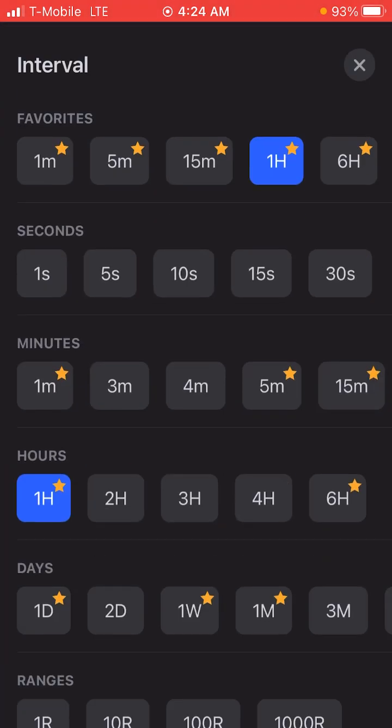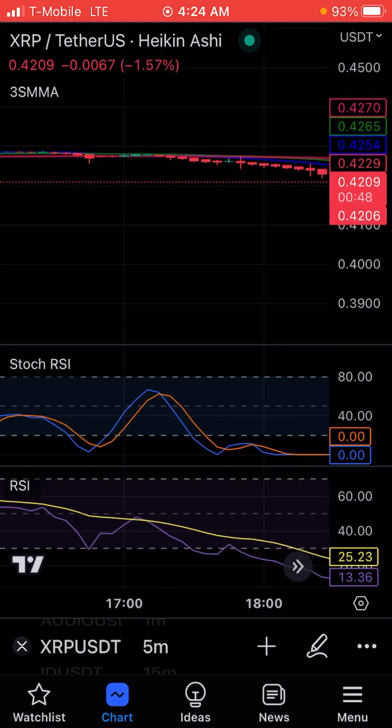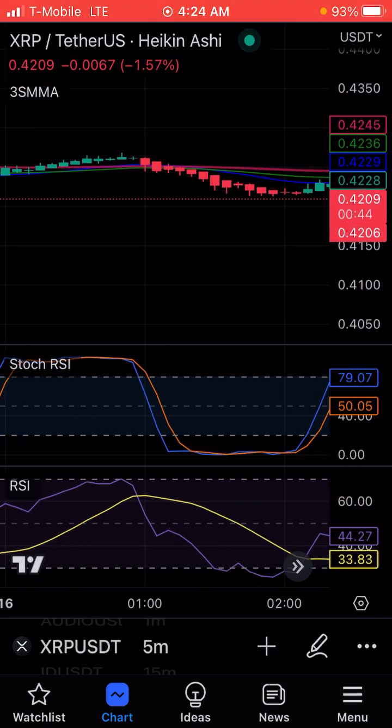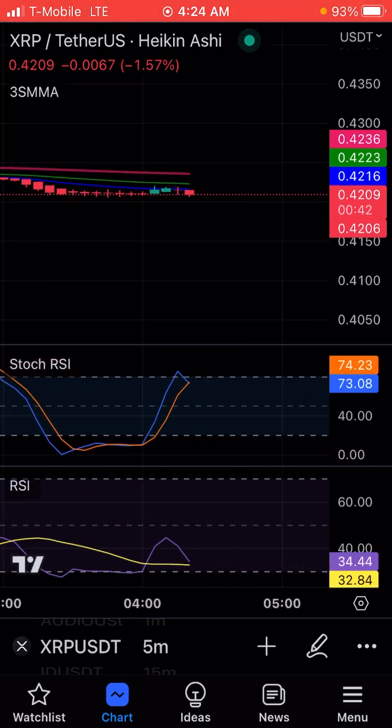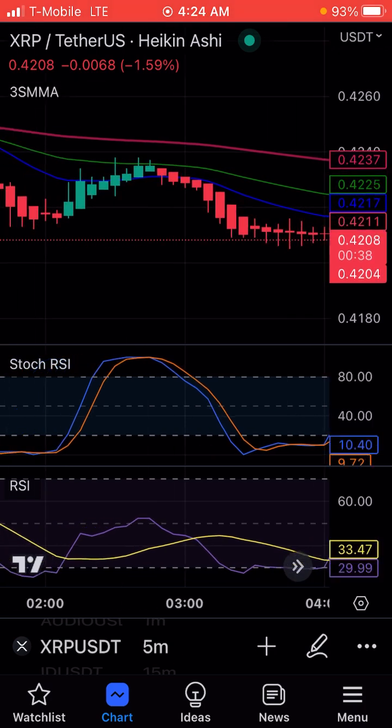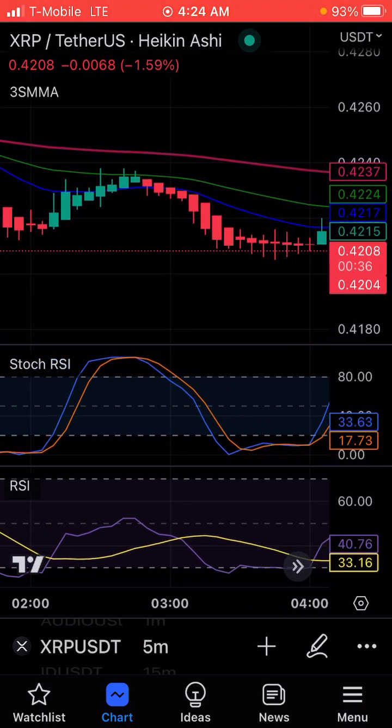Now I want to look at the 5-minute chart. When I trade crypto, I use the 5-minute. I don't put my entries in until about 5 minutes in. Those are my entry points. What you want to take note of is the 55, which for me is the purple line here. Take note of when the purple reddish line, the 55, is above everything.